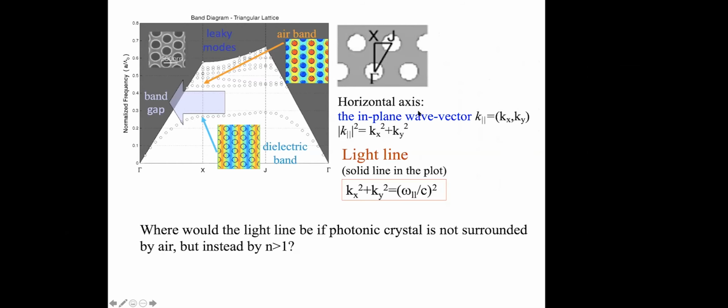So there basically is less space for the bands to be in, but is the shape of the bands also altered by the medium around the crystal? If you just change it from 1 to 1.5, it's not a very large perturbation. We'll discuss changes in other parameters of the material in a moment.